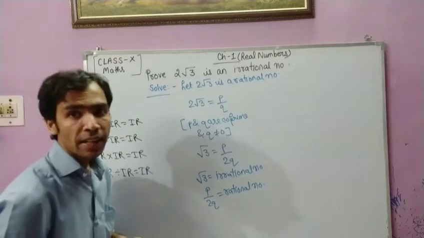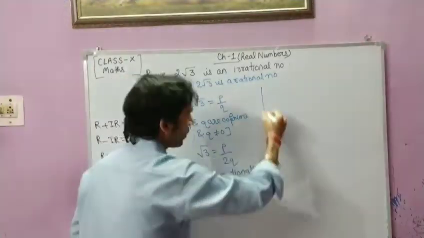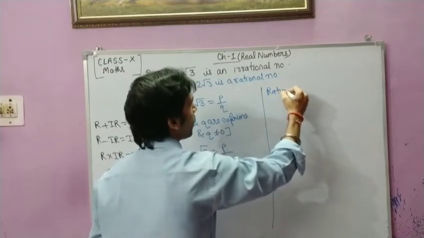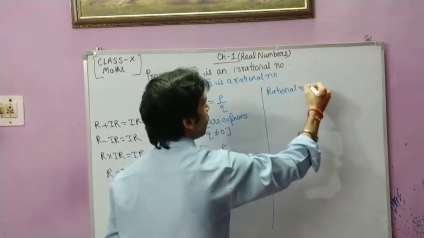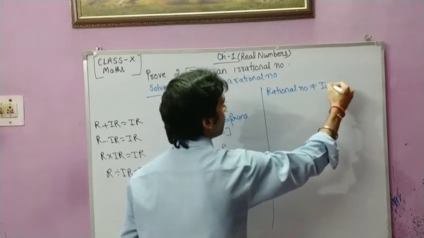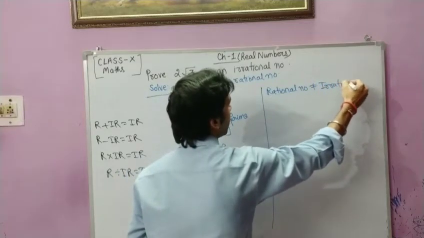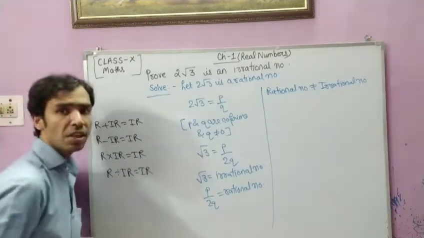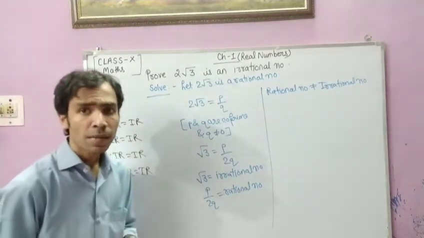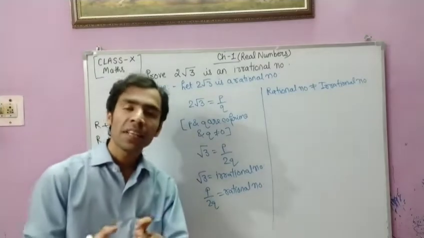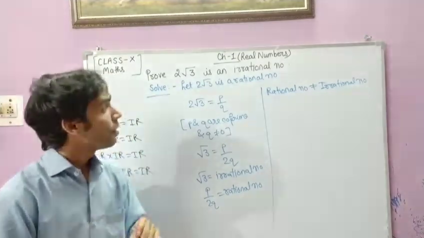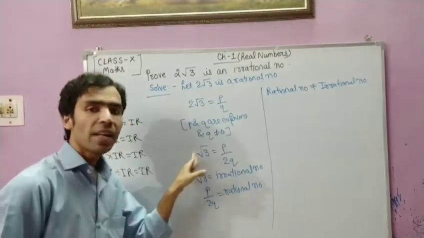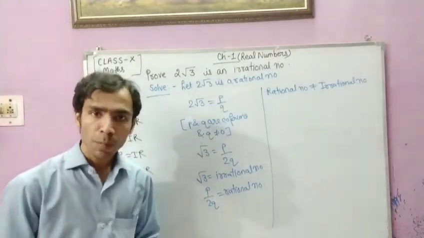And we all know, students, that a rational number cannot be equal to an irrational number. But after our assumption, we are seeing that a rational number is equal to an irrational number, which is not possible.